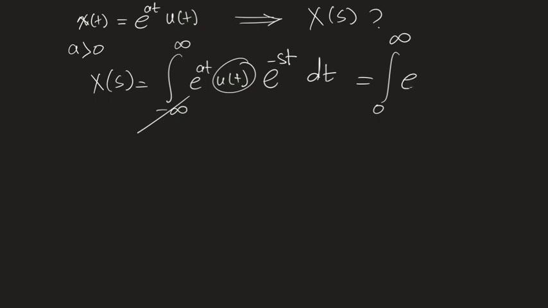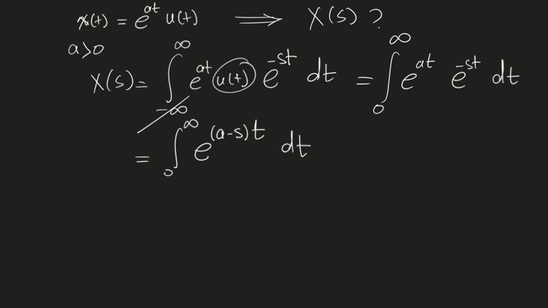So I have e to the at multiplied by e to the minus st, and I integrate with respect to time. This is equal to the integral from 0 to infinity, e to the a minus s, t, dt.